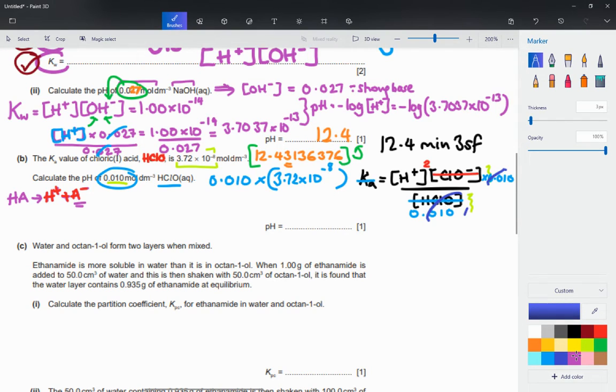Okay, that becomes 1. So now we've got a situation where you have the square of H plus being equal to this numerical term, which is really, really useful. What we can now do is we can square root this term.